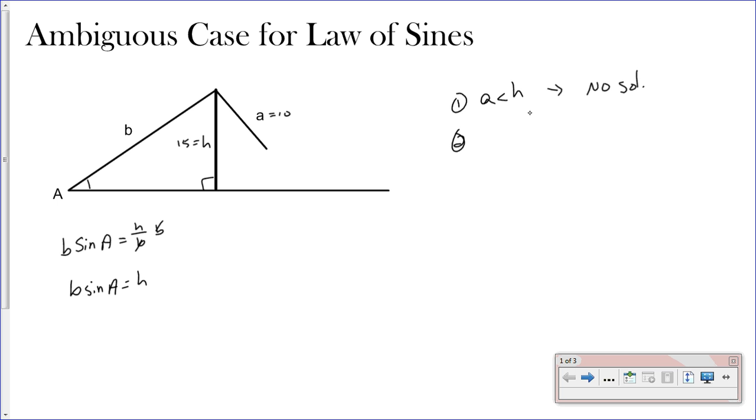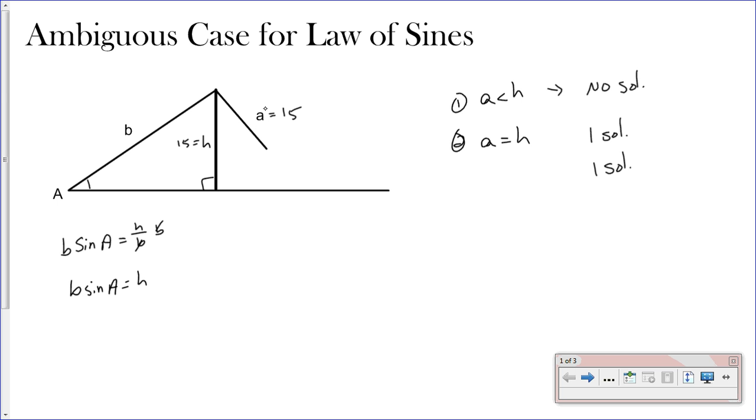Number two, if a equals h. If you find h and h happens to be 15 and a is also 15, then there you go, you have a right triangle. So you have one solution there. Now, there's another case where you have one solution as well.